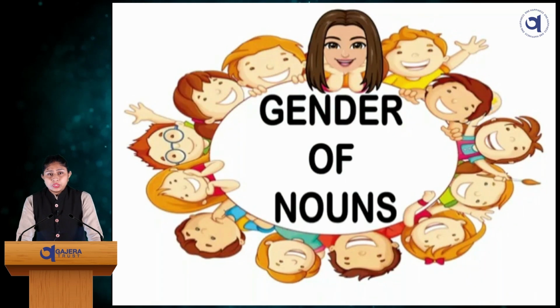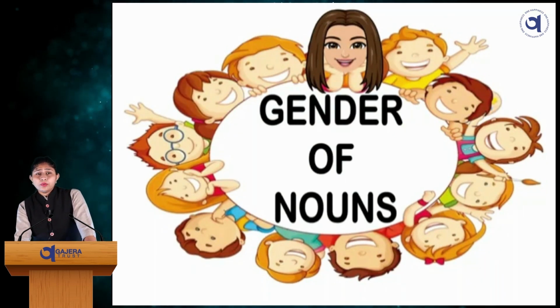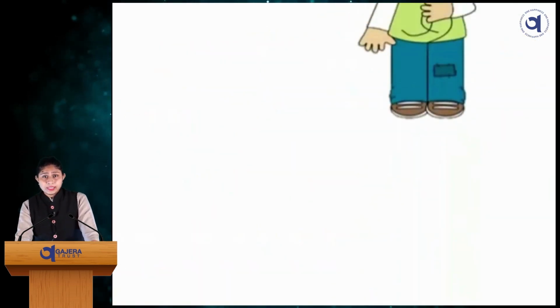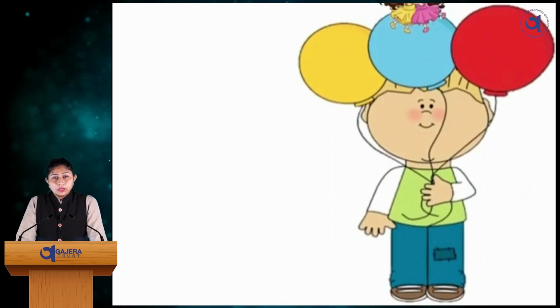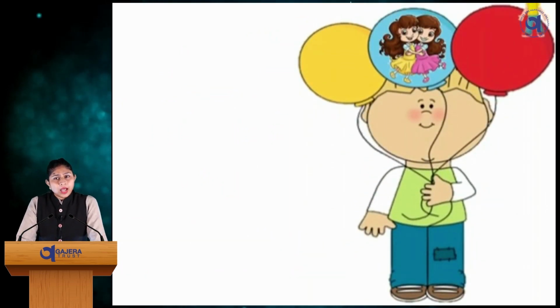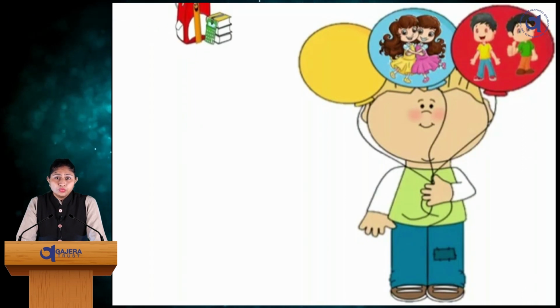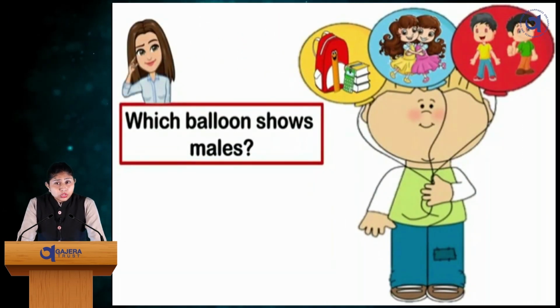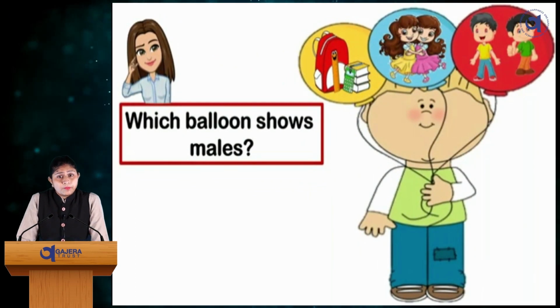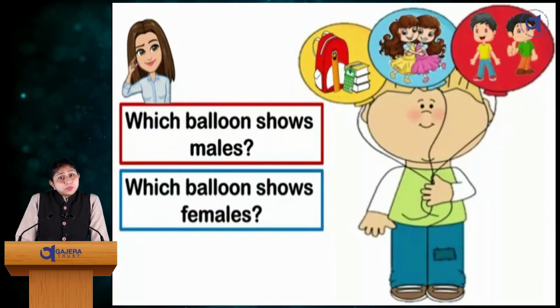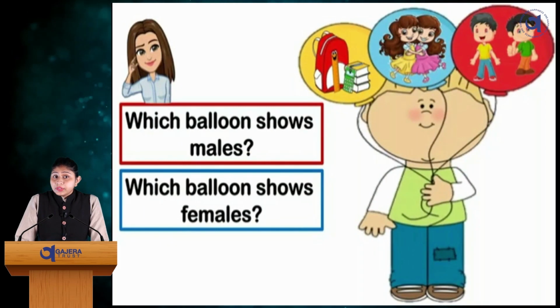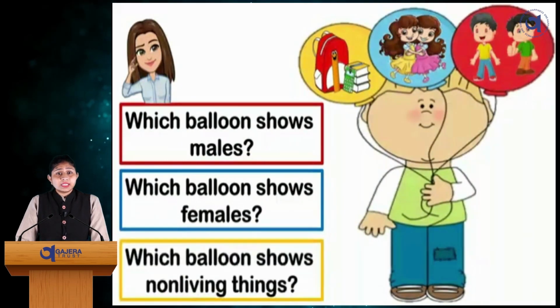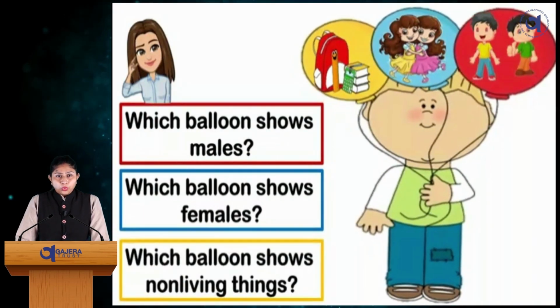Now students, can you tell me with this example, which balloon shows the male, which balloon shows the female, or which balloon shows a non-living thing? Can you recognize with this example? No?